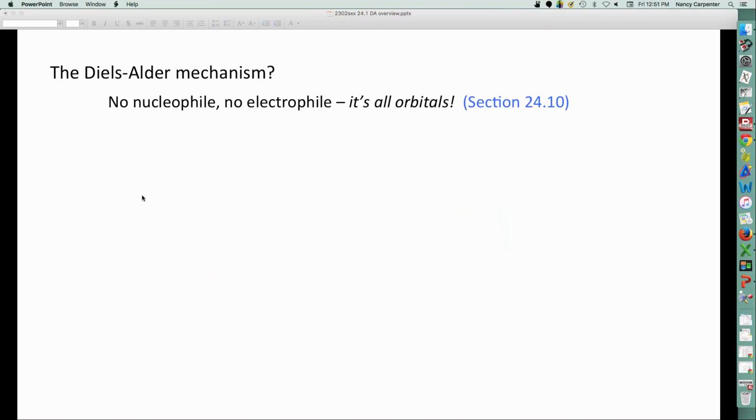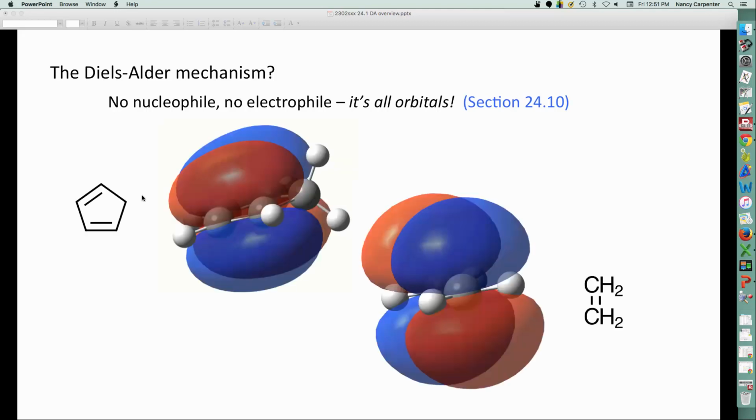Okay, so there's no electrophile, there's no nucleophile, it's all orbitals, and that's why I bring section 24.10 up earlier in the reading. Because the whole reason this works is because the molecular orbitals of the diene right here and the dienophile right here are of the correct phase.